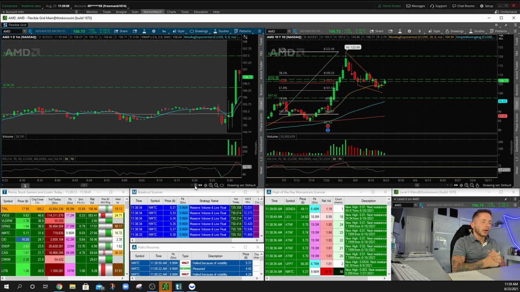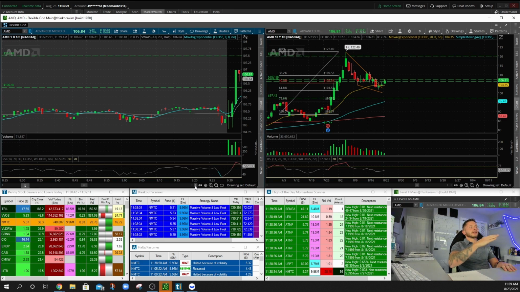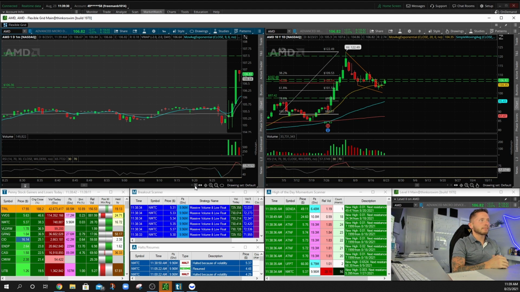Now with really volatile, really low float, quick moving, low price stocks, right? When the stock breaks and rips and screams to the upside and it starts pulling back, how many times have you seen that stock pull back to the 9 EMA for the first time and then boom, rip right away and shoot to new intraday highs? Happens a lot, happens all the time, right?